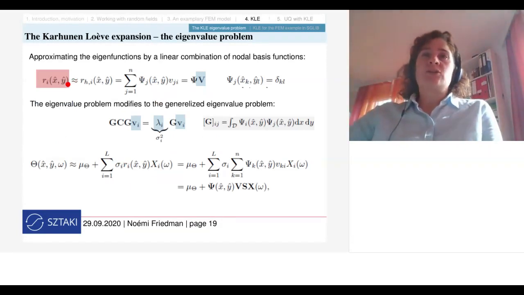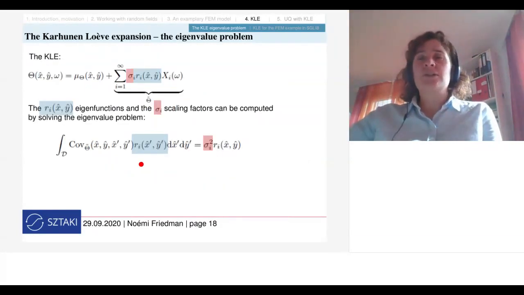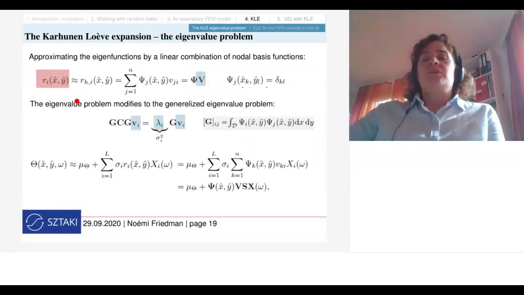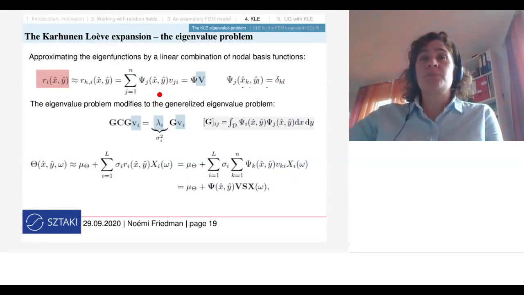So the first approximation that I will make is that instead of looking for the eigenfunctions in this infinite dimensional space, I reduce the space to a subspace of functions that can be described as a linear combination of these psi functions.